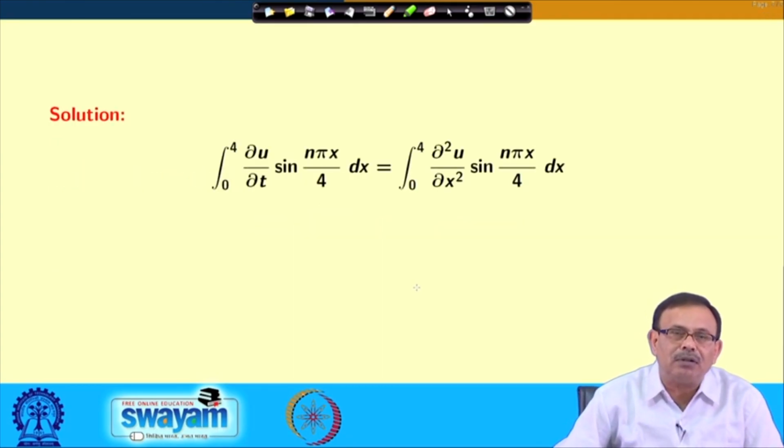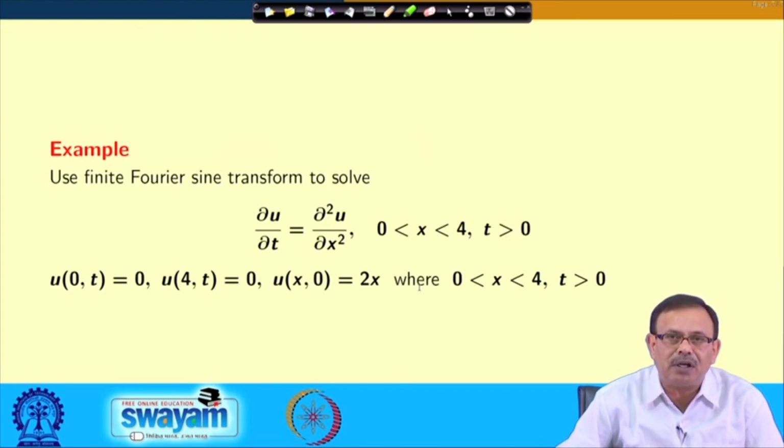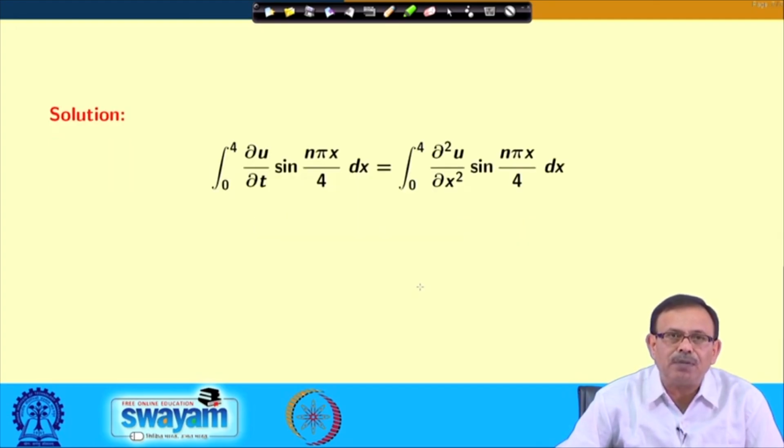So, what have we done? We have taken the finite Fourier sine transform with respect to x on both sides of the given partial differential equation, and as I told you at the beginning, since I know u(0,t) and u(4,t), I can use the finite Fourier sine transform.